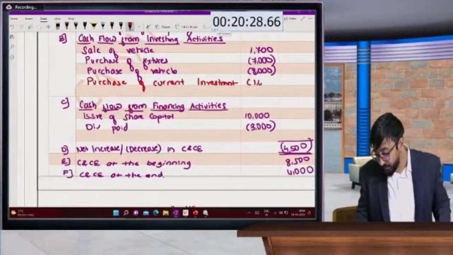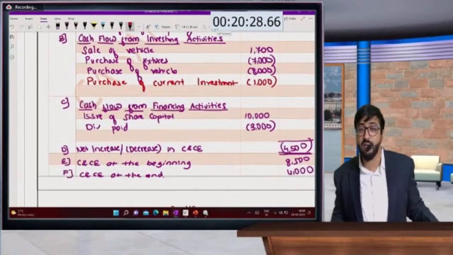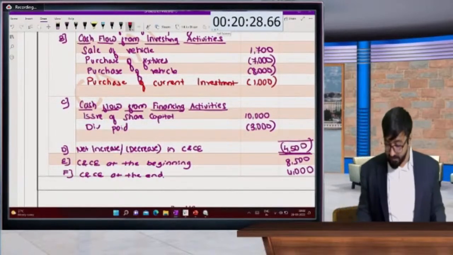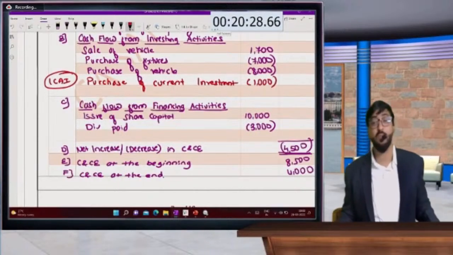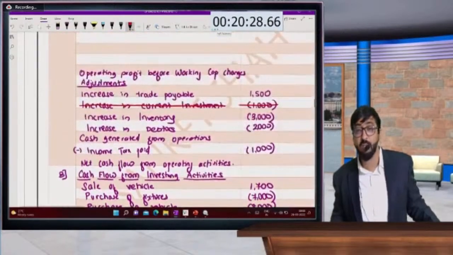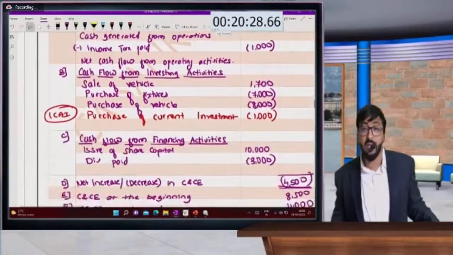If it is considered in operating activity, your cash flow will tally, but your activities answer will be different. So the institute has considered purchase of current investment not in the adjustment, not in working capital part, but in investing part.